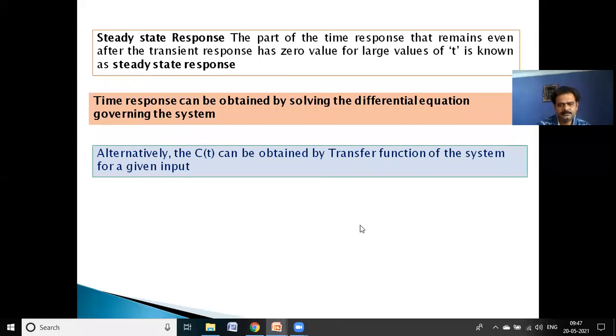Next, alternatively, c(t) can be obtained from the transfer function of the system. Once we get the transfer function model, either from the block diagram, or from the signal flow graph, or directly from the mathematical equations, and the given input is known, then C(s) is equal to the transfer function T(s) multiplied with R(s). R(s) is the input.